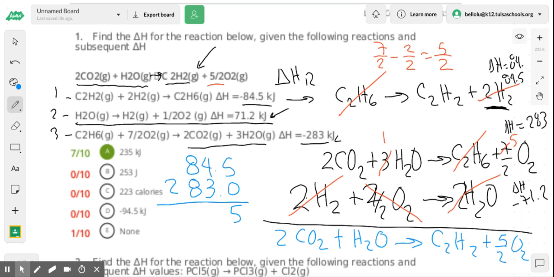That will give me 367.5, and I need to subtract the value that I have in the negative, but because I multiplied by 2, let me multiply in one corner quickly here, 71.2 times 2, that will be 142.4.